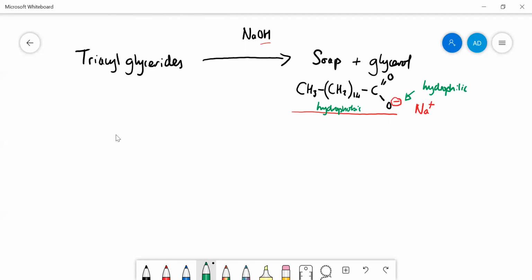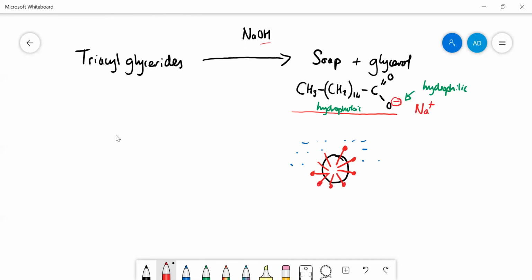So if you get a blob of fat, so here's a blob of fat, what happens is these hydrophobic tails stick into the fat like that. And what sticks into the water, so this is all water outside here, is the negatively charged hydrophilic head, which is all like that.